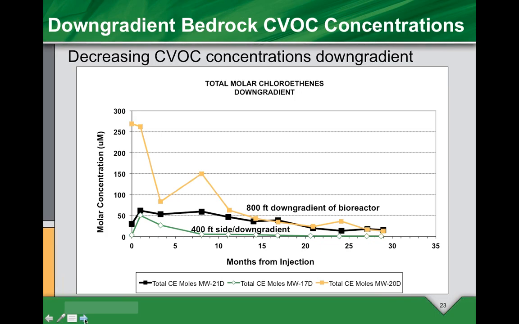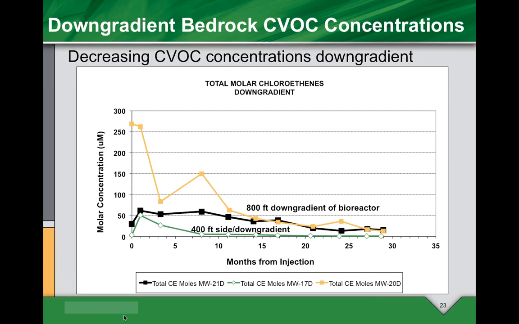And we'll be showing results down gradient of the bedrock injection. And as Stephanie mentioned, at site 1, we observed nice reductions in CVOCs down gradient. We also observed that at site 2.